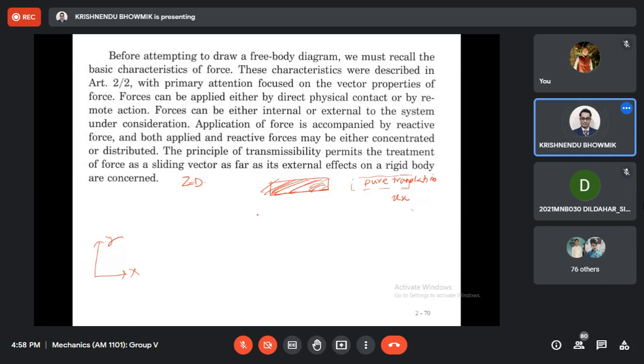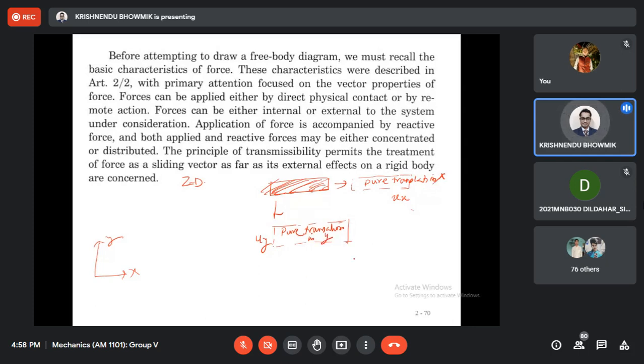Okay. Maybe it can have, this is a pure translation. It may have this is a uy. Pure translation in x and this is in y.